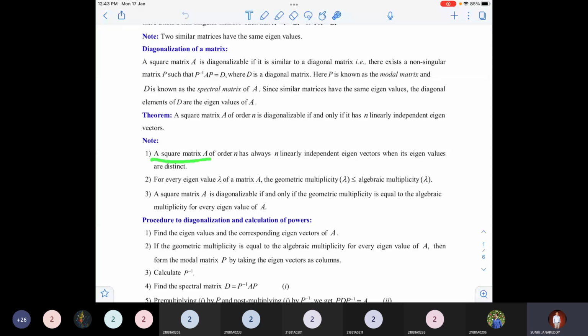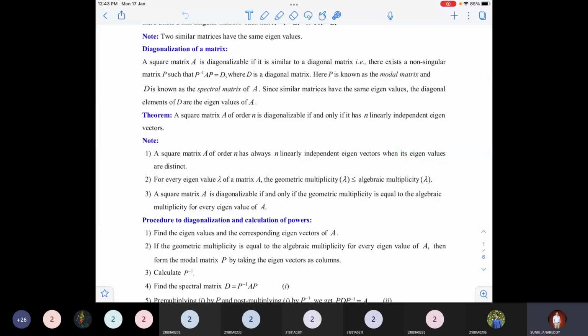A square matrix A of order n has n linearly independent eigenvectors when its eigenvalues are distinct.